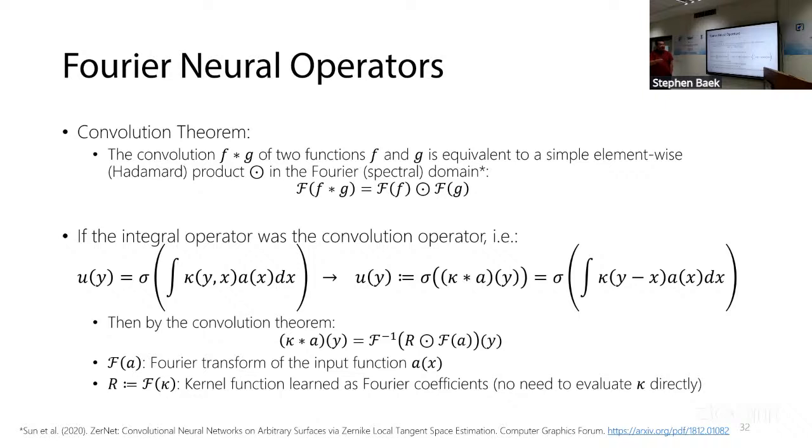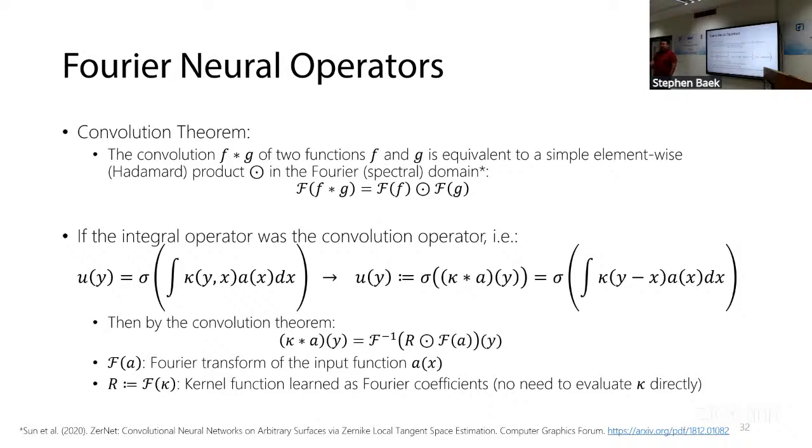With that assumption, this whole integral operator can be understood as a convolution between kappa and A. After the Fourier transform, the whole integral operator that defines the continuous perceptron is nothing more than the element-wise product between the Fourier coefficients of A and the Fourier coefficients of kappa.